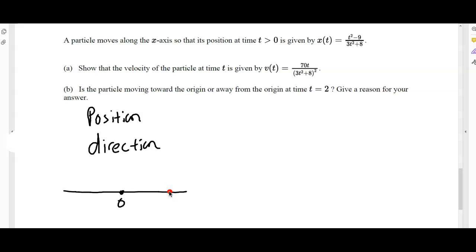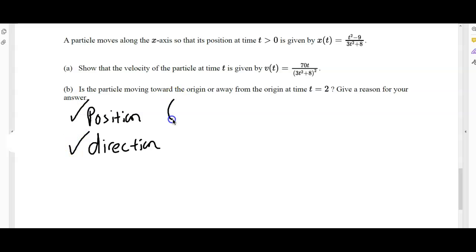So if my particle is to the right of the origin and it's moving left, then yes, it's moving towards the origin. But let's say that my particle is located to the left of the origin and it's moving left. Well, now it's moving away. So as you guys can see, you need to know 2 things to know whether or not it's moving toward or away from the origin. You need to know where it's located and which way is it going.